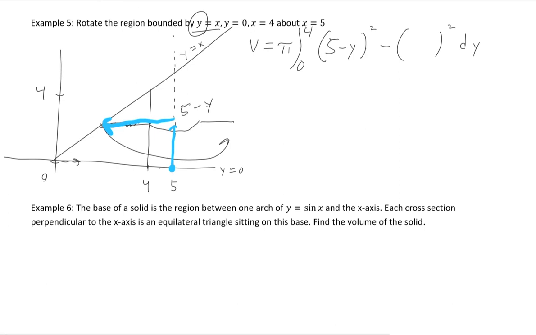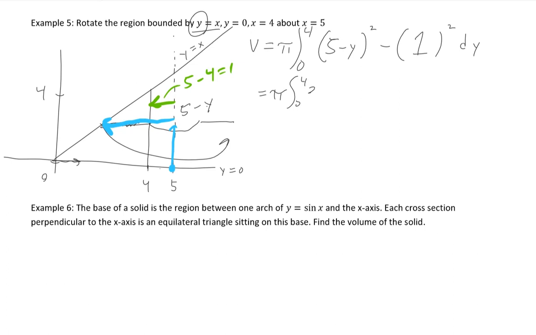And my inner radius, if I do that in green, is going to be defined as 5 minus 4, which is otherwise known as 1. So we have 1 squared. Therefore, we have pi times the integral from 0 to 4.